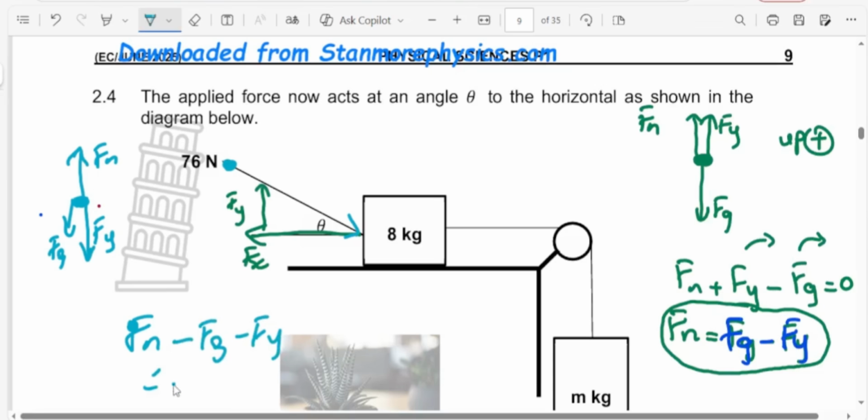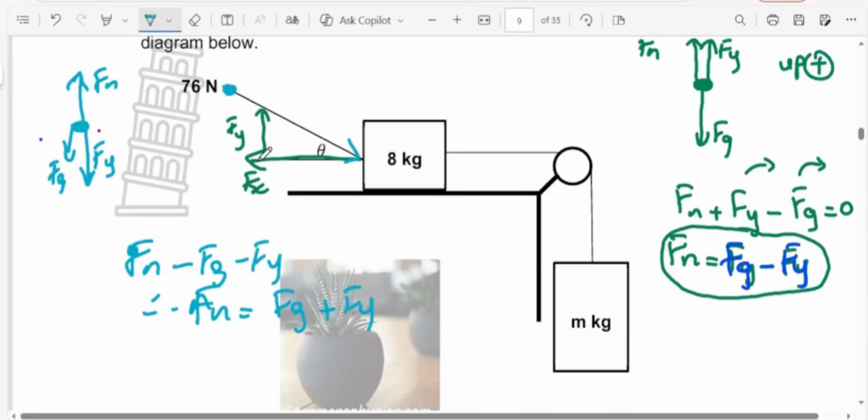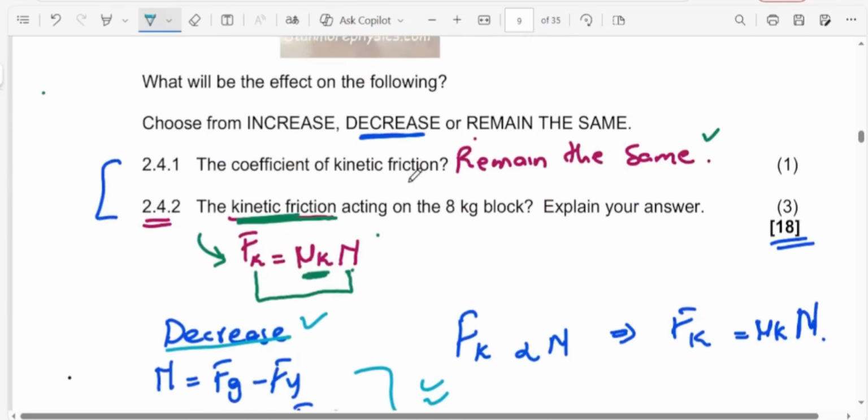Therefore, what is the normal force equal to? Fn will be your Fg plus your Fy. So now we are adding. This tells you that if the force is pushed at an angle, the normal force will increase. How will the increased normal force affect the kinetic friction? The kinetic friction will increase. So you need to pay attention if the force is pushed or pulled. And that's it for this question.